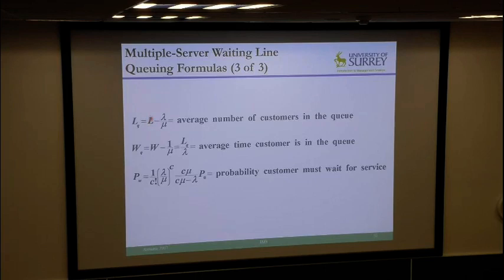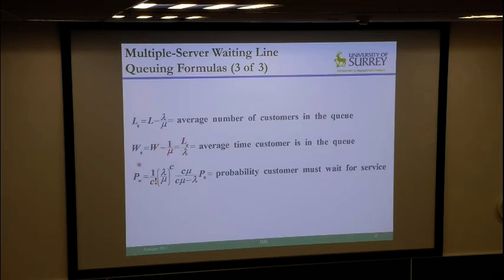That equals the total average number of customers in the whole system minus the number of customers in service. The number in service is basically mu divided by lambda divided by mu, which equals the utilization, and we've done this before. And if you have LQ, you can also calculate the average time of a customer in the queue, that's W minus 1 divided by mu. This is roughly the relationship.